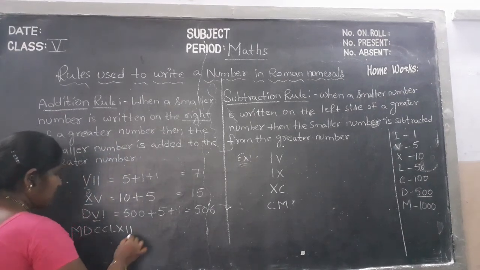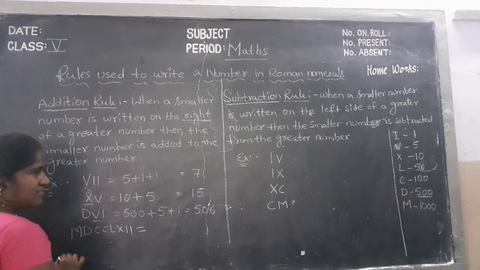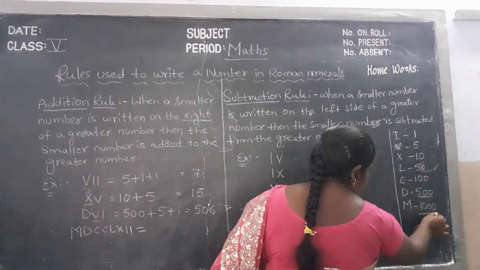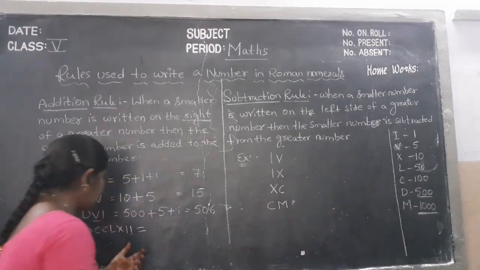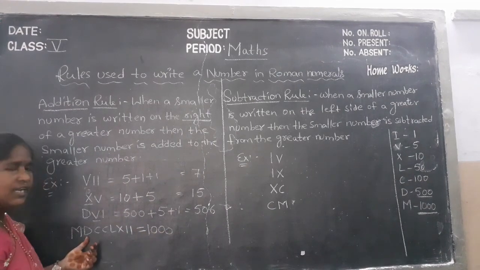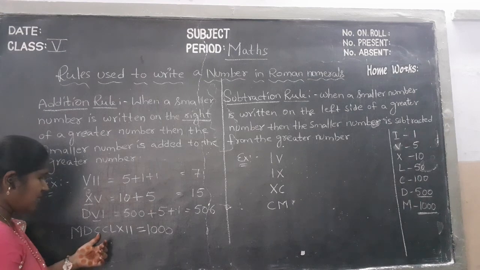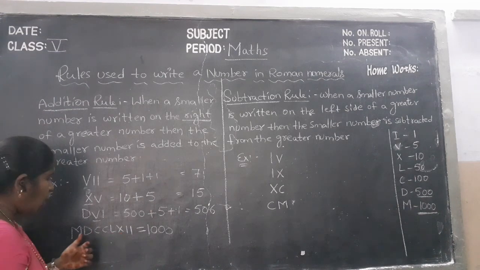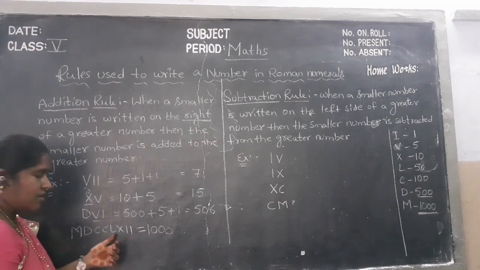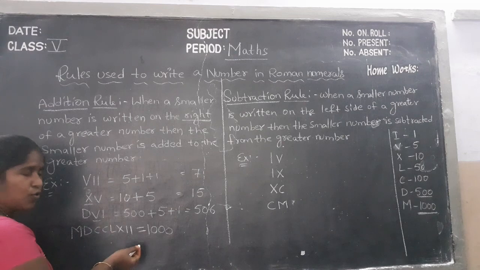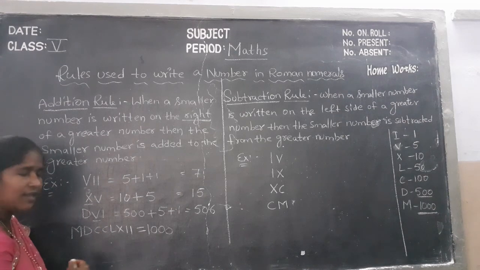And the next number, children: M. What is the Hindu Arabic numeral for M? 1000. So 1000 is the greater number. D means 500, C means 100, L means 50, X means 10. All are smaller numbers only, so for M we add the Roman numerals on the right side.